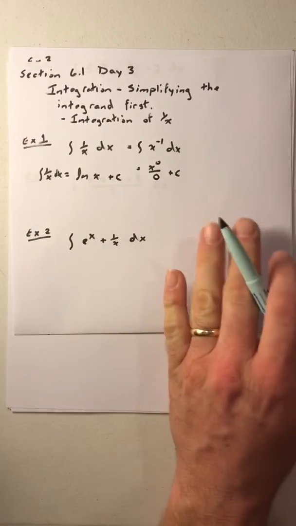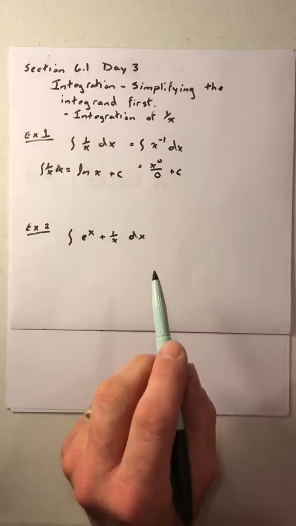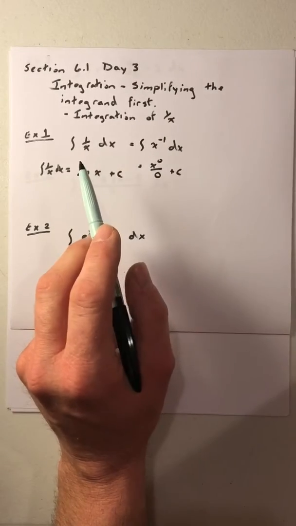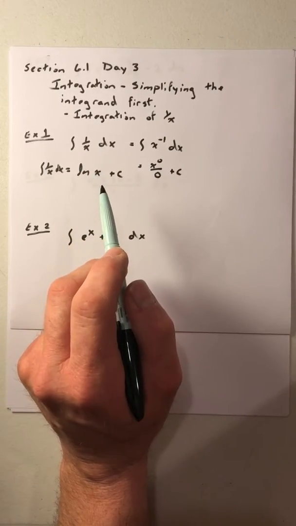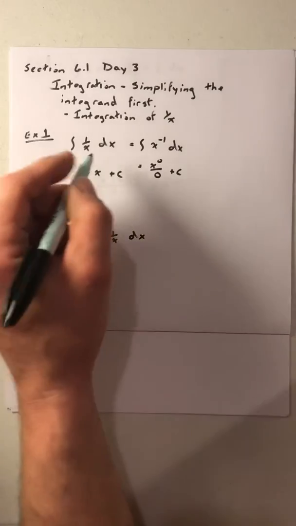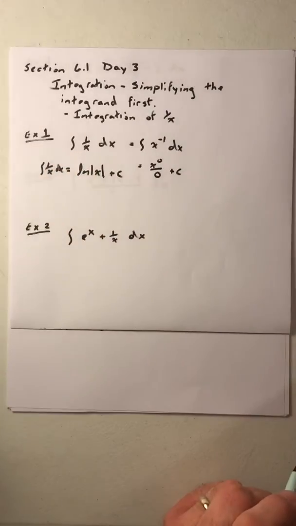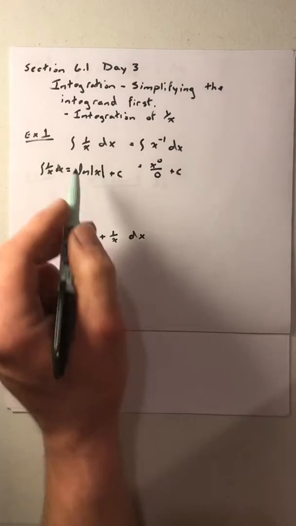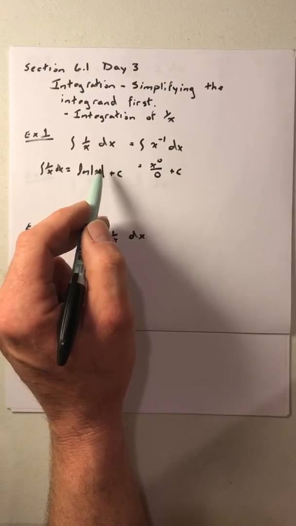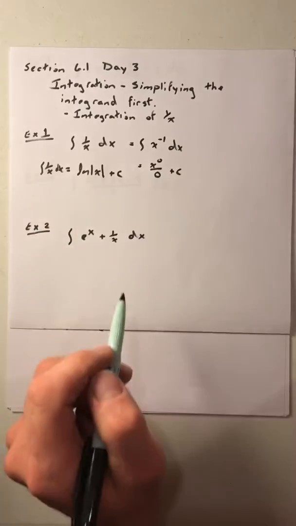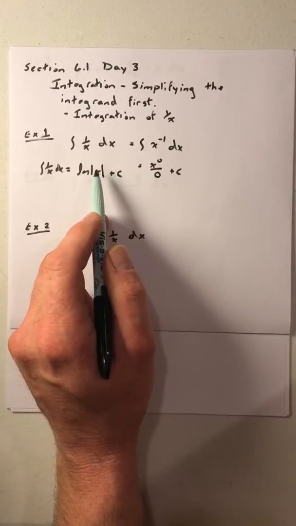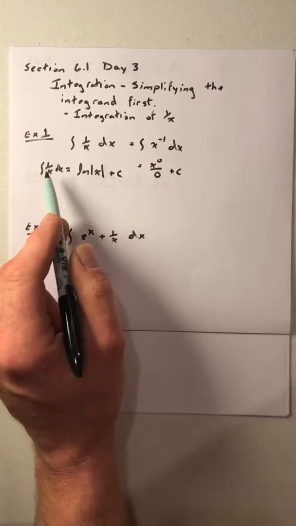Now we do need to be careful because when we take the natural log of a value, it cannot be less than 0 or equal to 0. So to show that, we're going to put an absolute value sign around that x. So we know that we can only take the natural log of a positive value.